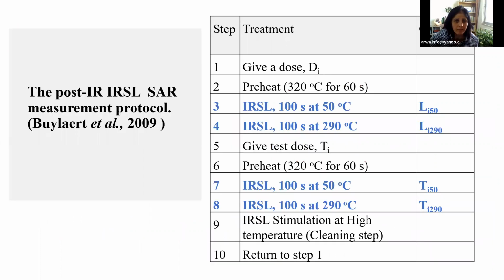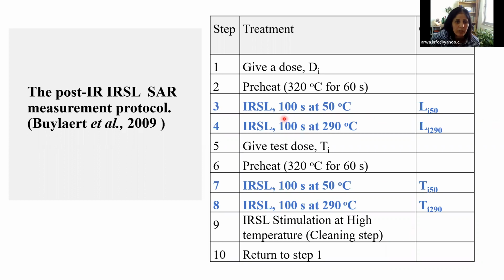In feldspars, as we mentioned in the mineral selection, there is a chance of existing non-stable traps or luminescent traps. Therefore, this technique has been updated for feldspars by introducing two kinds of stimulation at two different temperatures. It's called the IR signal at elevated temperature.